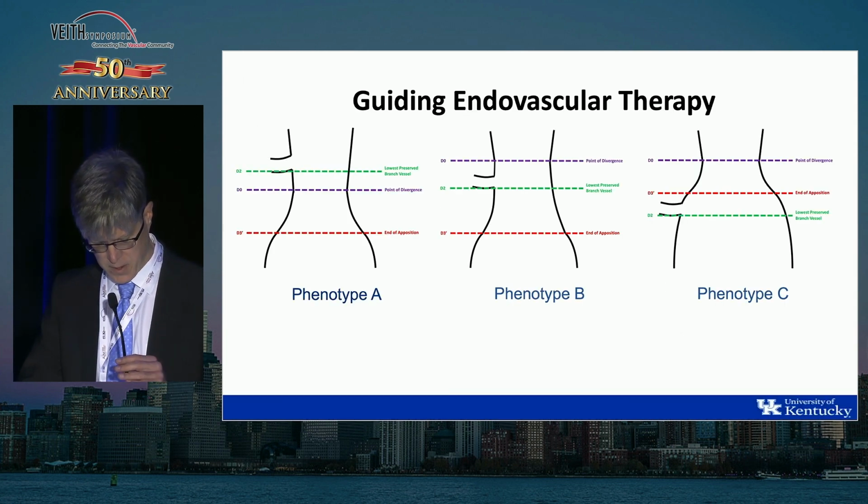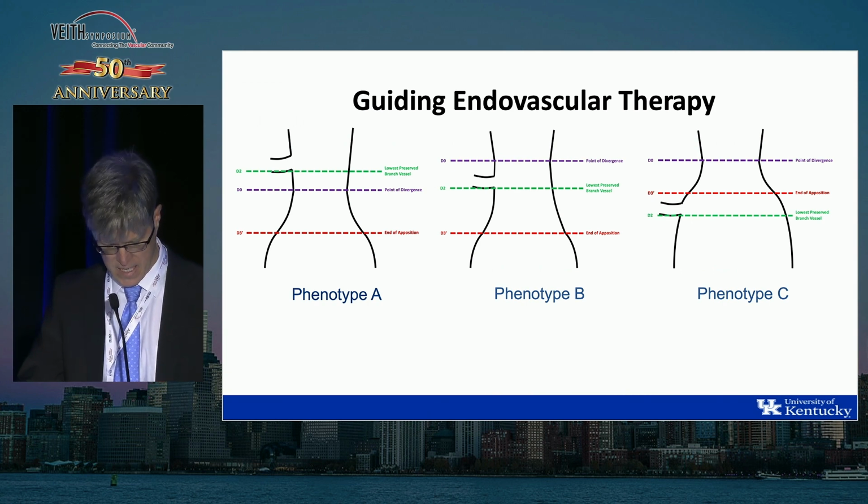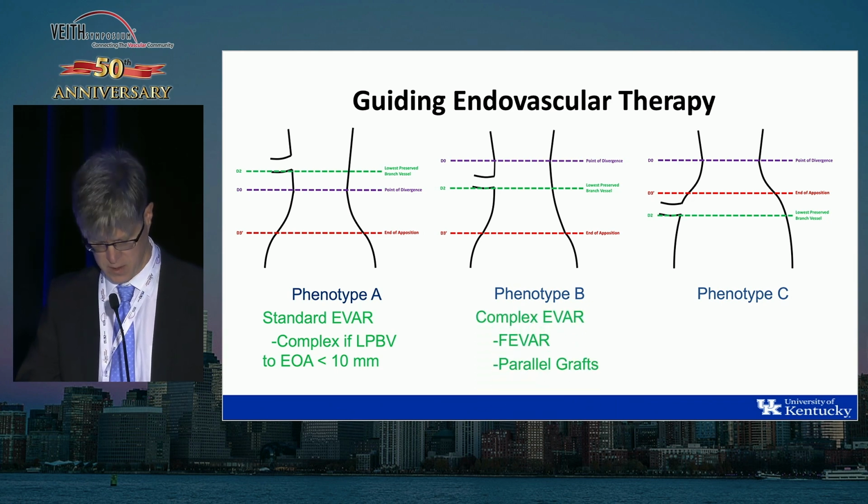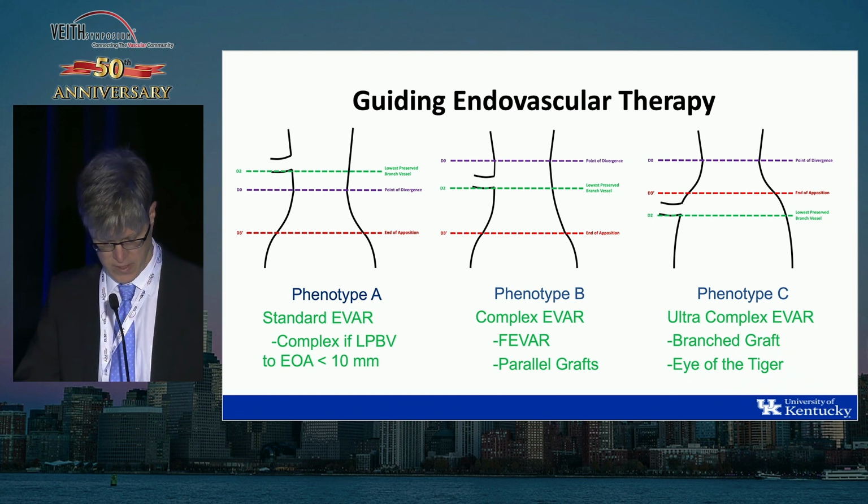In terms of guiding therapy, I contend that phenotype A anatomy is most appropriately treated with standard EVAR. Phenotype B is most appropriately treated with VEVAR or parallel grafts. And phenotype C will most likely be appropriately treated with branch grafts when they become available, but can be treated effectively with parallel endografts if the eye of the tiger molding is performed.